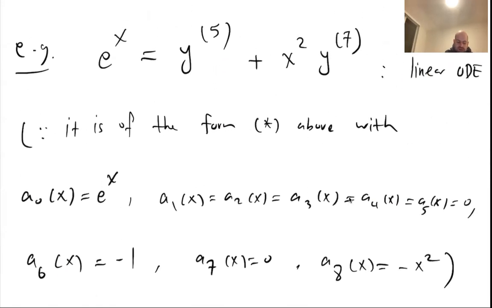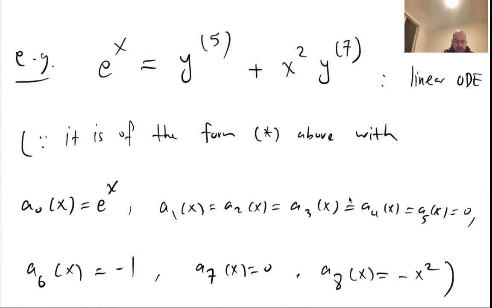So this equation is linear, although we have some terms that are not linear in x, but it's okay to have nonlinear terms in x. But the terms in y and derivatives of y are all linear. See, for example, this is y. See, this is not a power. This number here, when I write it in brackets, as you learn in Math 113, denotes the order of the derivative.